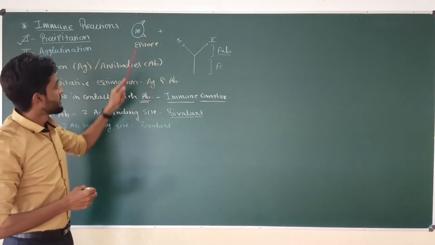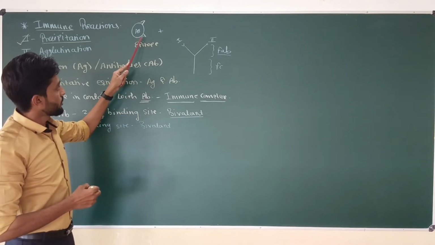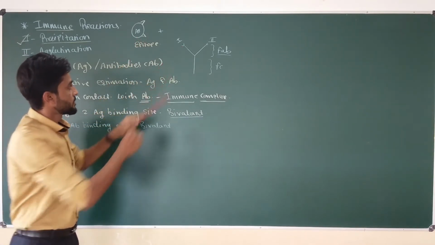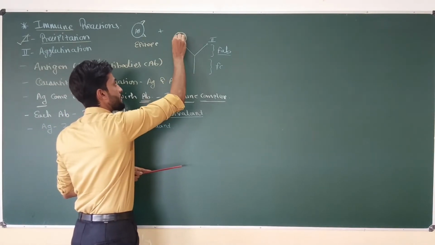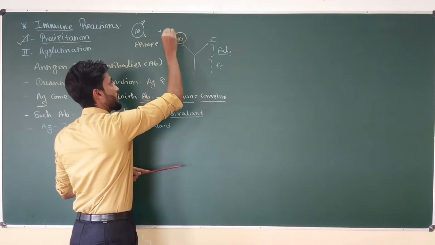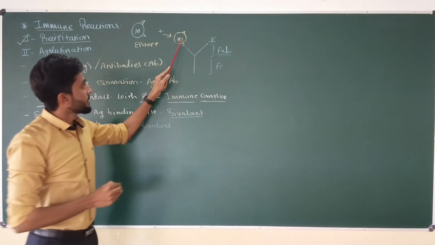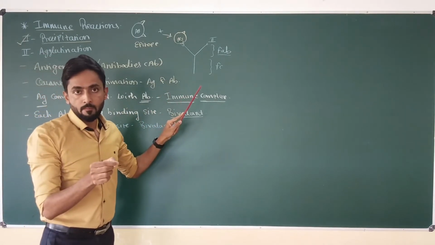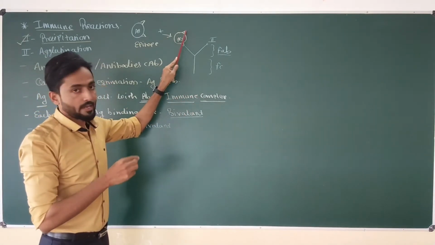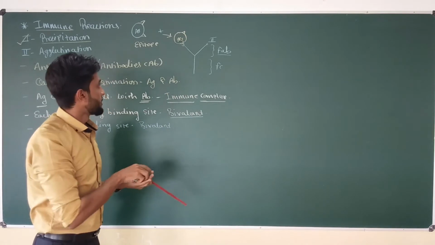Now in that case, this antigen with the epitope gets attached to the antibody. And after binding, one epitope of the antigen still remains free, and this epitope can again bind to another antibody.